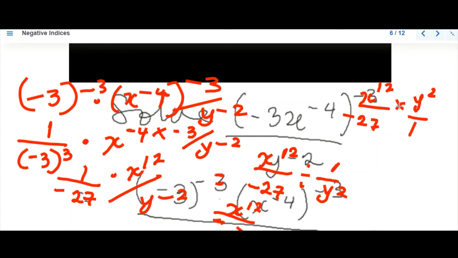So x raised to power 12 multiplied by y raised to power 2 gives x raised to power 12, y raised to power 2, everything over minus 27 times 1, which is minus 27. And this is the final answer for the question that we have there.